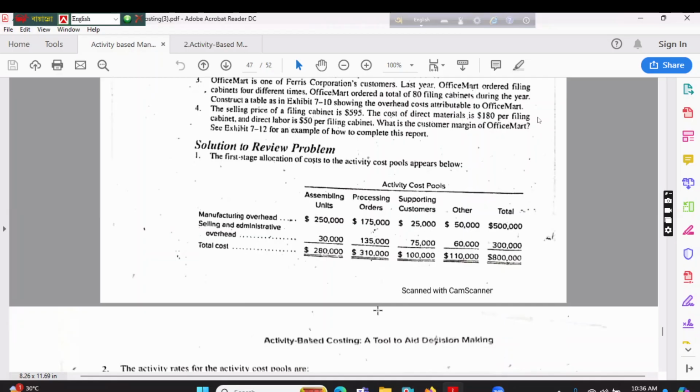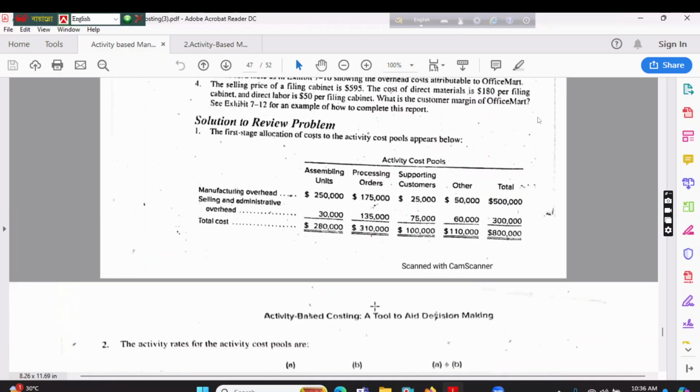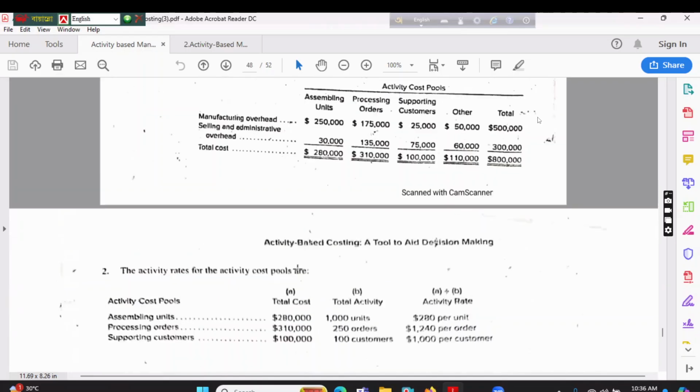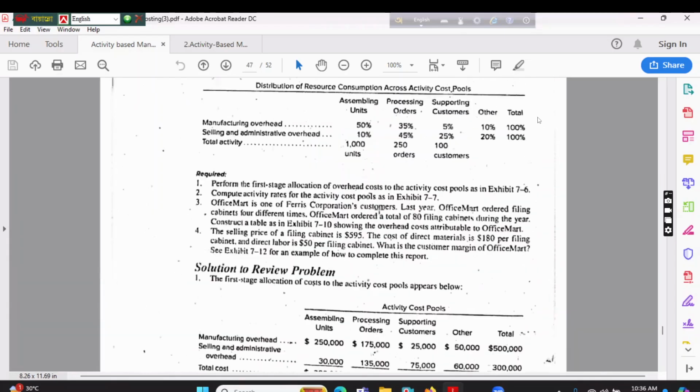So first is allocation. In the second stage, we need to find out the activity rate. Activity rate for activity cost pools: assembling units, processing orders, supporting customers. Total cost from stage 1. Total activity given in the question.